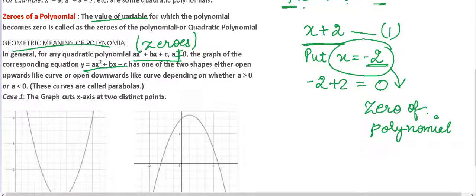What we are going to do is take this whole expression as y, put in different values of x, and plot a graph. This graph will be a curve, either opening upward or opening downward. These are known as parabolas, right? Parabolas are basically open curves.